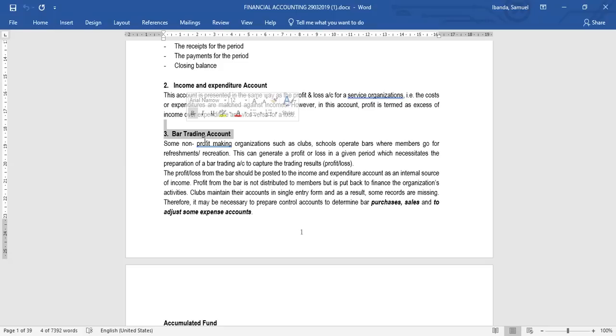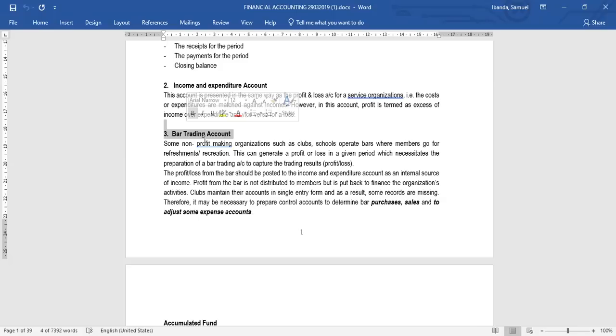And the reason why they run some profit ventures is definitely to make some money, because subscriptions may not be really enough for them. So that is why they may end up doing what? Doing some fundraising, and then also being able to engage in business ventures like a bar, okay?